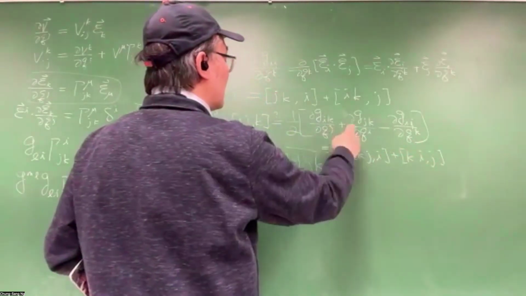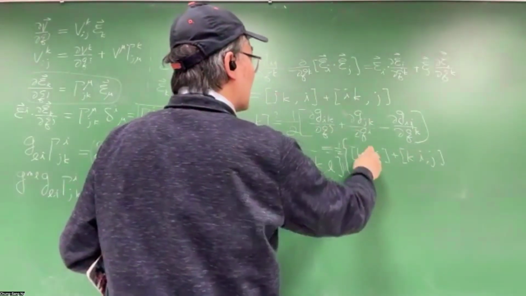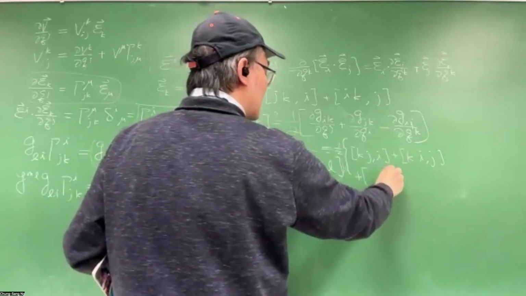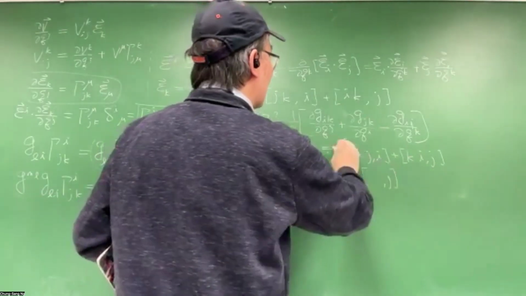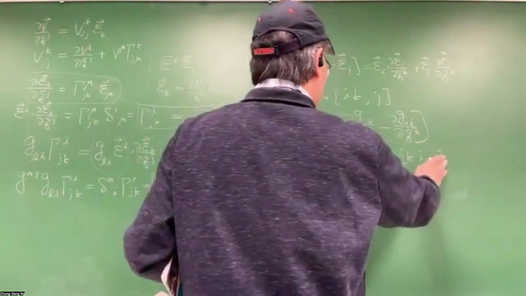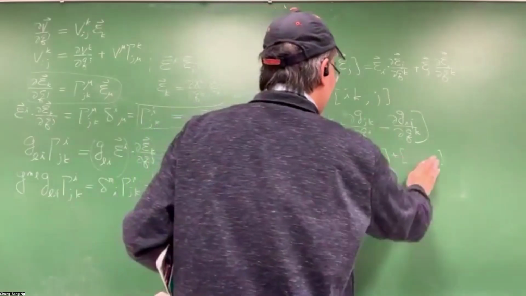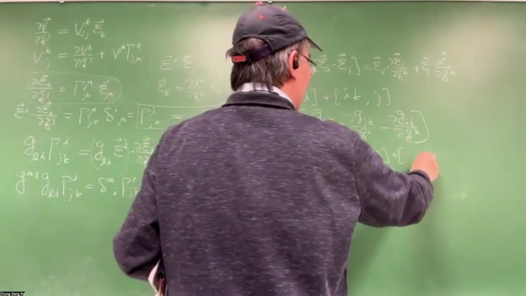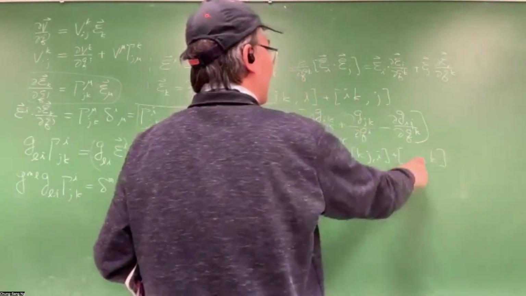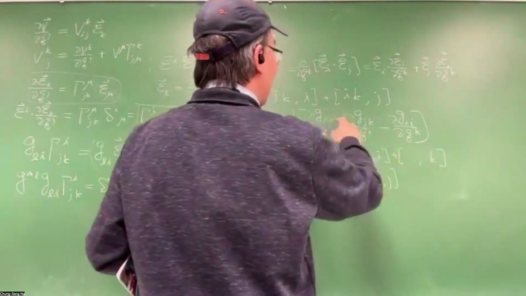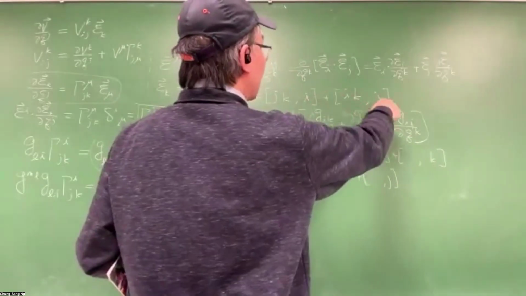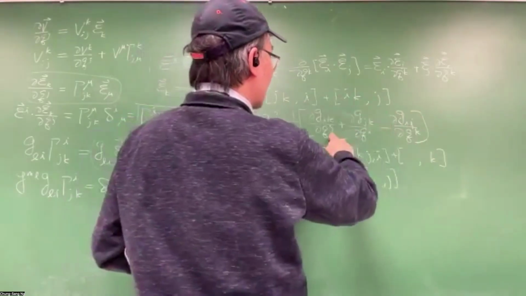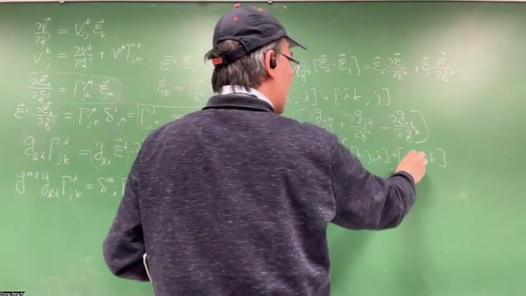It doesn't matter who. This one has a J in the second. Wait, no, this one. I take that back. Yeah, the second one has a K in the second slot, with I and J, and the derivative is in the second one.